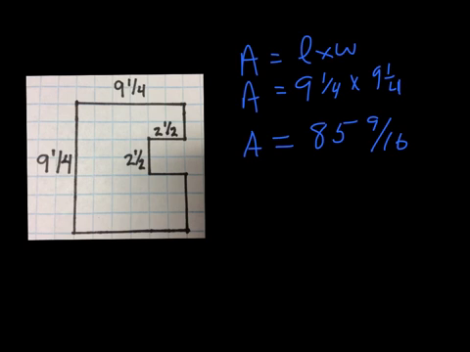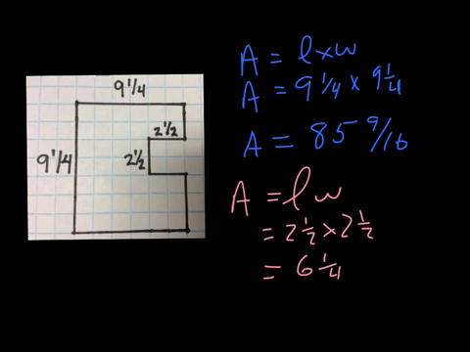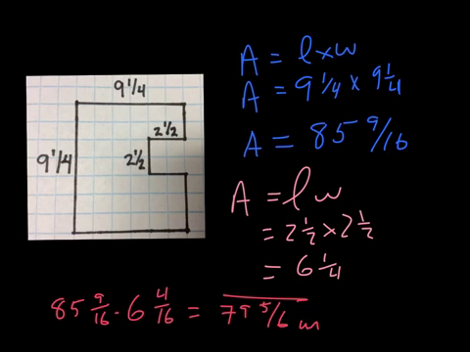But I haven't taken out this little piece yet, so then I need to do the area again, and again I'm going to write that formula and solve for that, which will give me 6.25, and then I can do 85 and 9/16 minus 6.25, and remember that 1/4 is the same as 4/16. So then I can see that that area is 79 and 5/16, and that's unit squared.